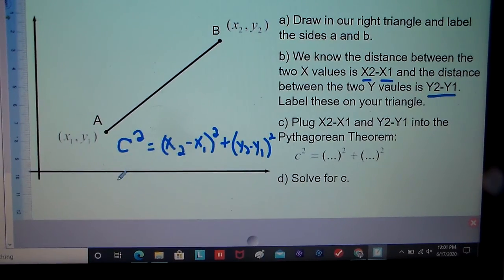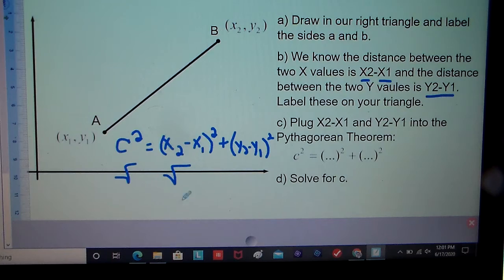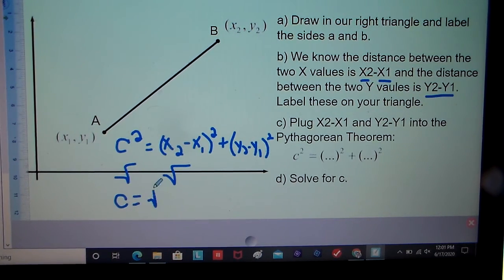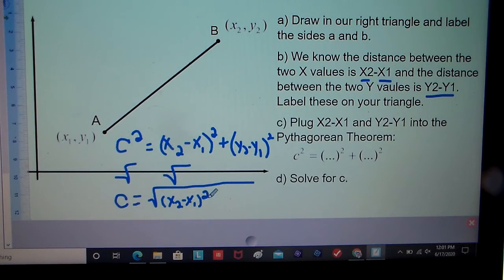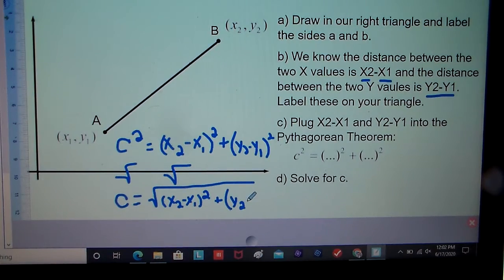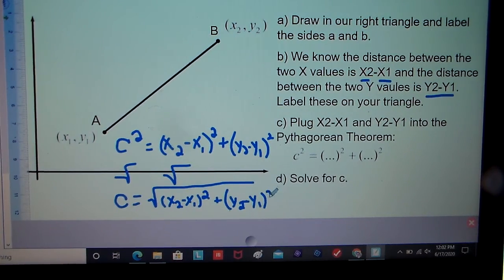Now to get c all by itself, we take the square root of both sides, and we're going to get our formula here. C equals the square root of x2 minus x1 squared plus y2 minus y1 squared.